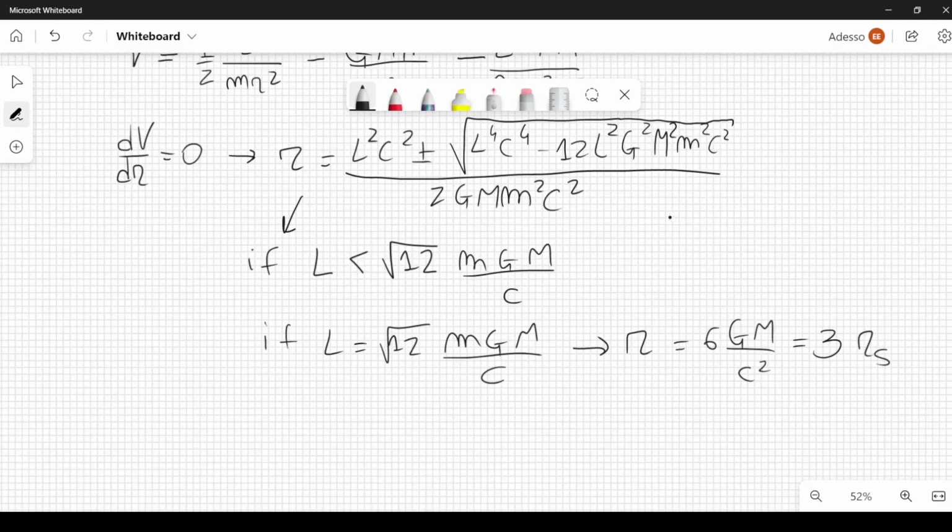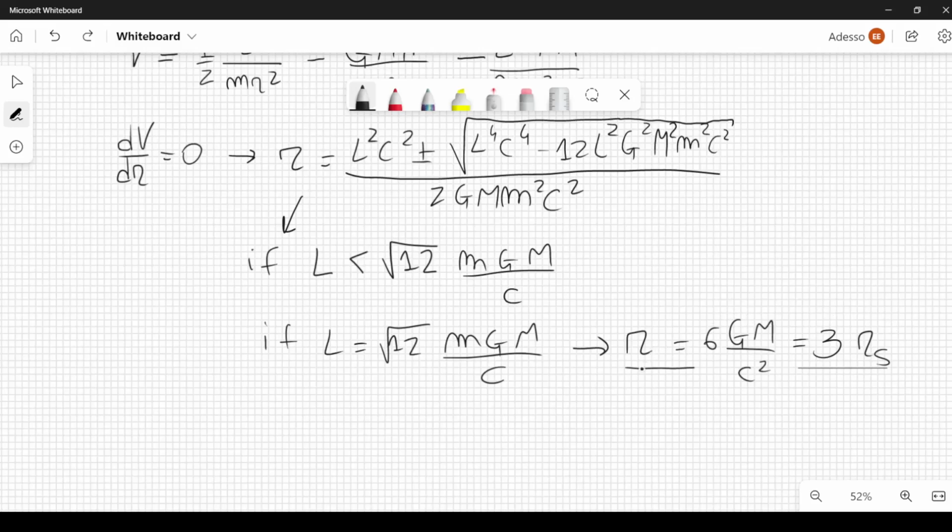In this case the square root is equal to 0, so you only have one solution, one value for r, because in general if L is large enough, you have two solutions, two radii. It means that there are no stable orbits with a radius smaller than 3 Rs.